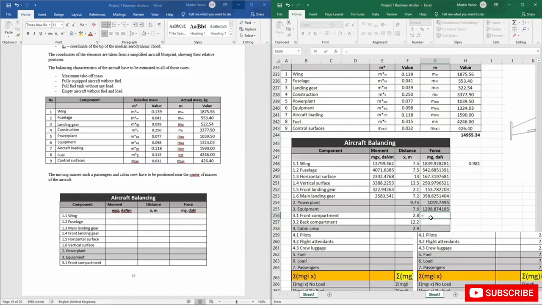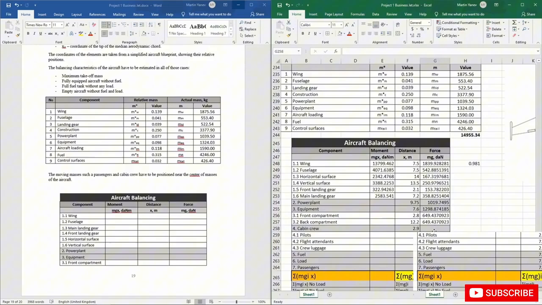So this will be simply equal to 0.5 multiplied by the equipment mass multiplied by this coefficient here, which will give us exactly half of the equipment mass. Okay, and the same will be here. So both of the forces are obviously the same, but the moments will be different because the two compartments are positioned in different places.